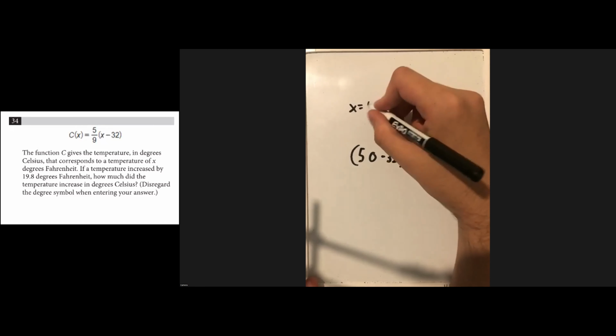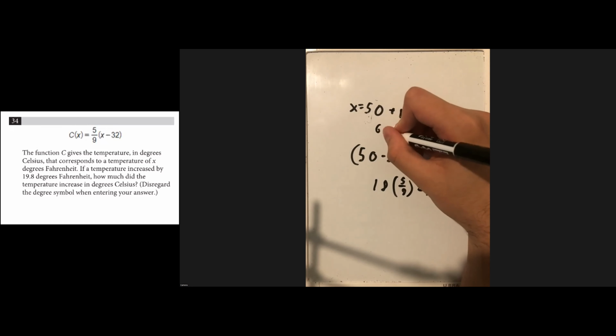Which is 18 times 5/9, which is just 10. And then for the next part, it says if the temperature increased by 19.8, so you just do this plus 19.8, which would get you 69.8 degrees.